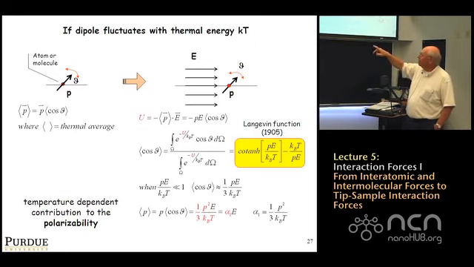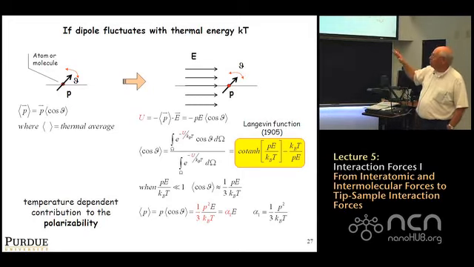If you calculate the thermal average of cosine theta weighted by the Boltzmann factor, you get this very famous Langevin function that was first derived in 1905. That Langevin function can be approximated for small dipole moments with respect to kT by this factor: 1 over 3 times the ratio of the dipole moment times the electric field divided by kT.